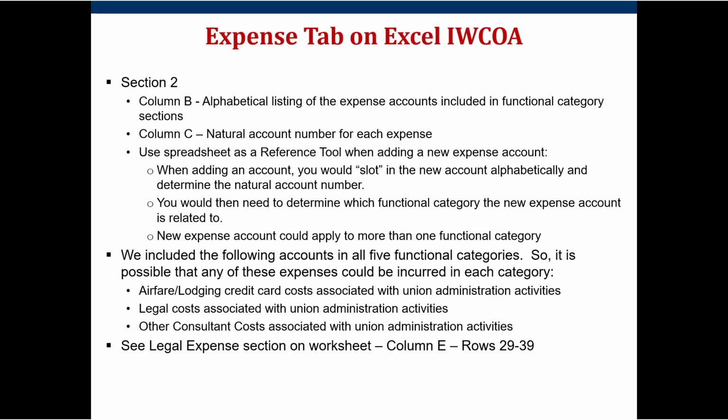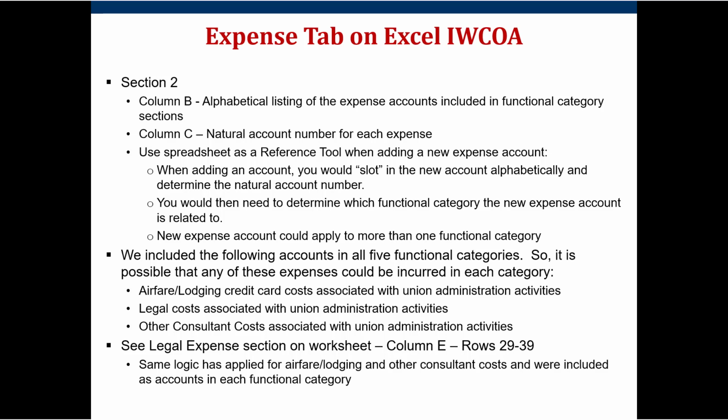The account numbers in the chart of accounts for each category would be 1505180 representational, 1515180 political, 1525180 contributions, 1535180 general overhead, 1545180 union administration. The same logic has been applied for airfare and lodging and other consultant costs.